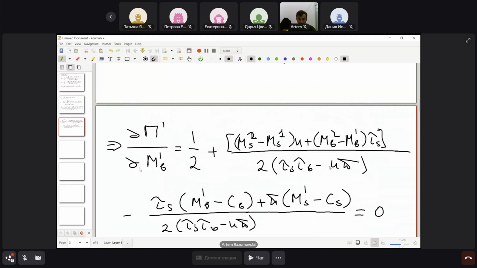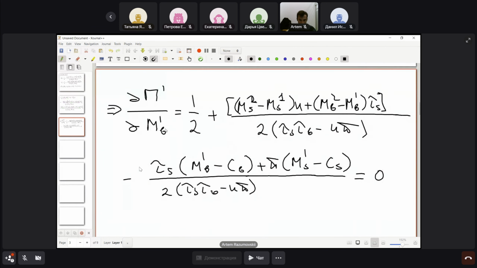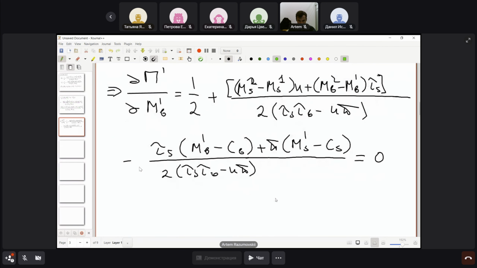So what can we say about the derivative with respect to sellers? If we are talking about sellers, what do we need to change? We need to change S to B, change U to P, and tau S to tau buyers, right?